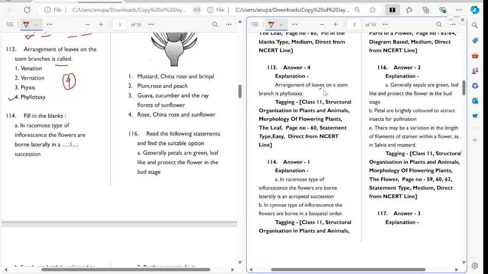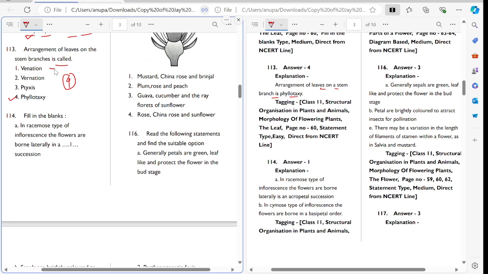Arrangement of leaves on a stem branch is known as phyllotaxy. Venation is the arrangement of veins on the leaves. Vernation is the arrangement of leaves in the bud. Whereas taxis is the folding of lamina in bud condition. So the answer for this question will be option number 4, phyllotaxy.